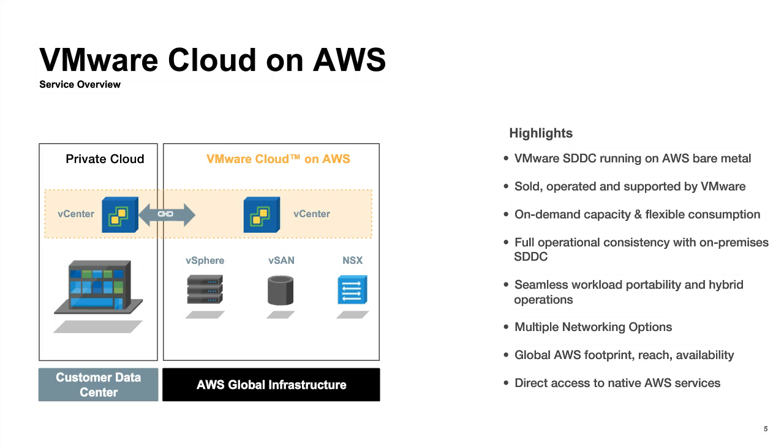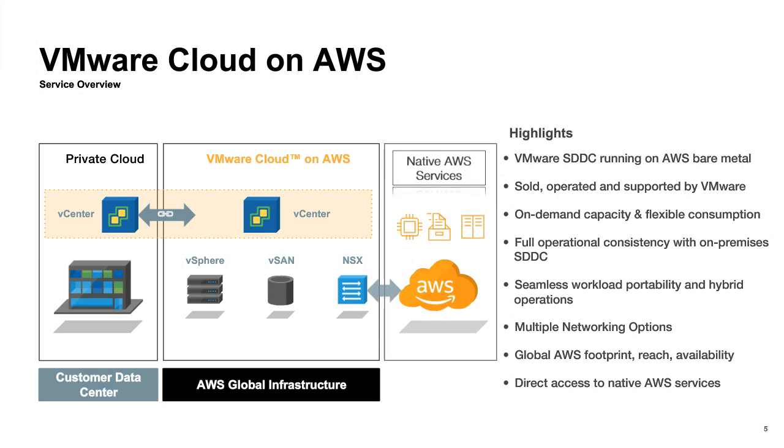But it's not just a colo, essentially a service in the AWS colo. It's much more than this. We're actually directly connected into AWS. When you deploy your VMware Cloud environment, you will link it up to your AWS account and to your AWS Virtual Private Cloud, a VPC.